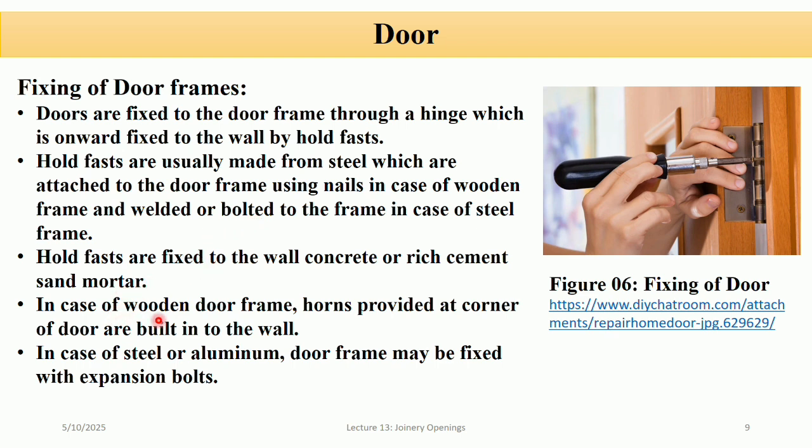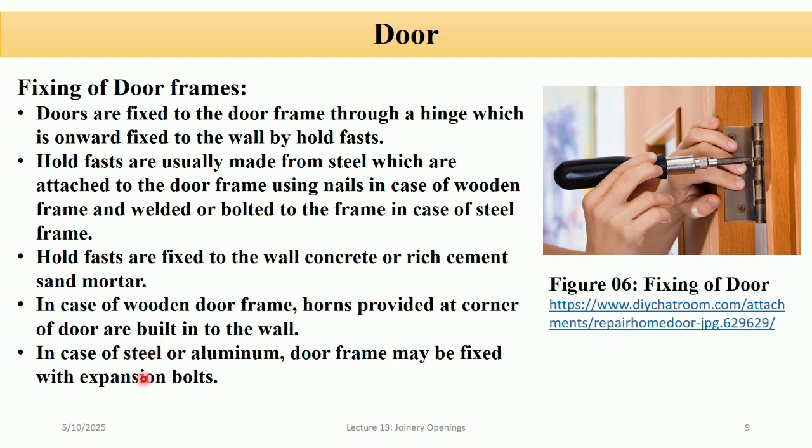In case of a wooden door frame, holdfasts are nailed to the frame and horns are also built into the wall for added stability. In case of a steel or aluminum frame, holdfasts are either welded or bolted to the frame. These are then embedded into the wall during construction. An alternative fixing for metal frames, in some cases, especially for steel or aluminum door frames, is expansion bolts instead of holdfasts.